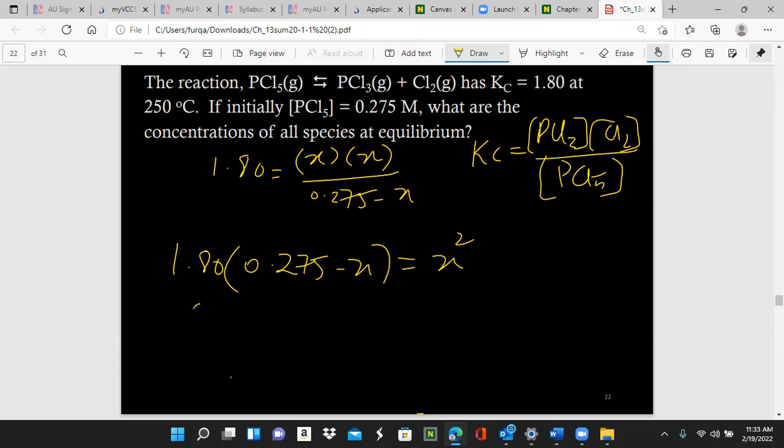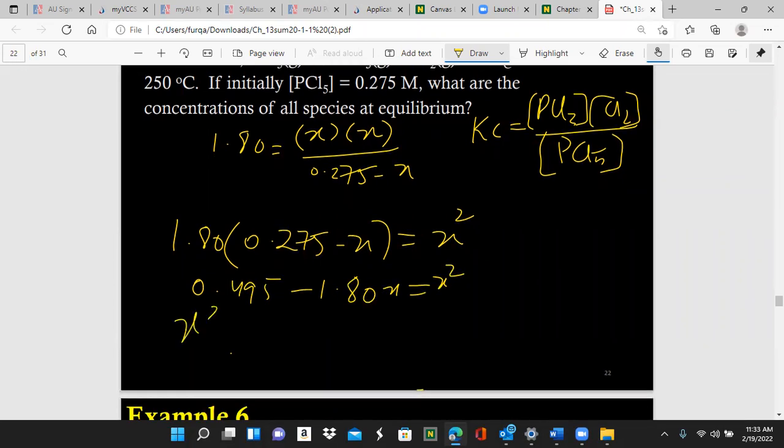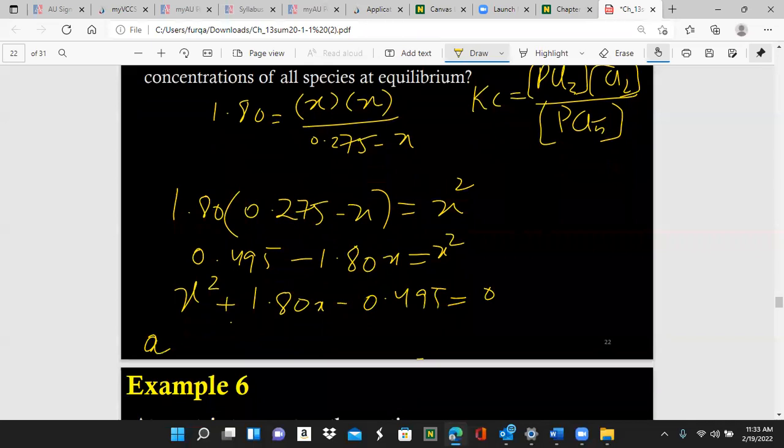And that turns out to be 0.495 minus 1.80x equals x squared, rearranging into the quadratic equation, x squared plus 1.80x minus 0.495 equals 0, which is ax squared plus bx plus c equals 0, right?